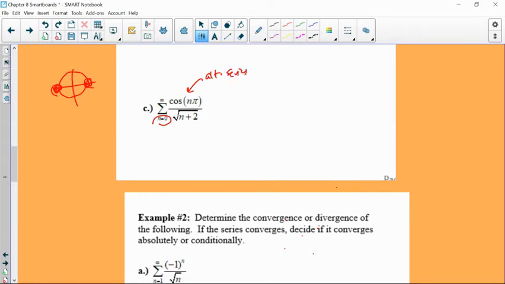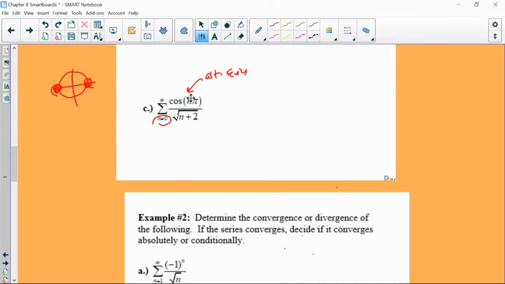So the only time I can ever use the alternating series test is if, in fact, you have an alternating series. If you don't see the -1 to the n, you can't use it. Or if you don't see a sneaky way to make it alternate, then you couldn't use it either. So I know this is an alternating series. Let's check.